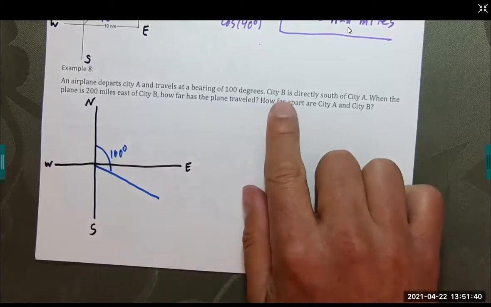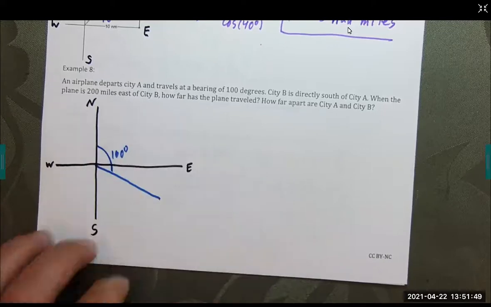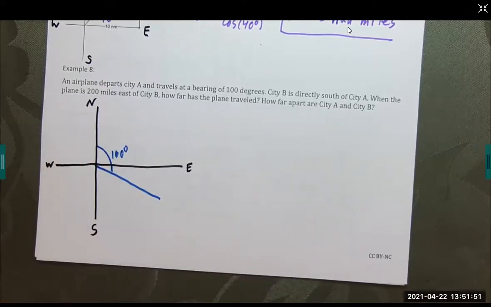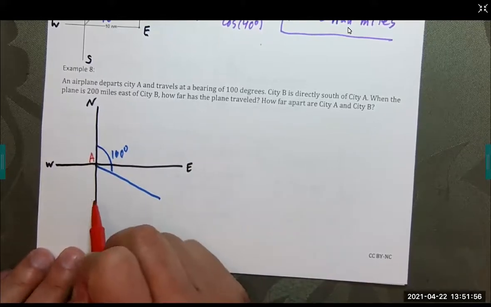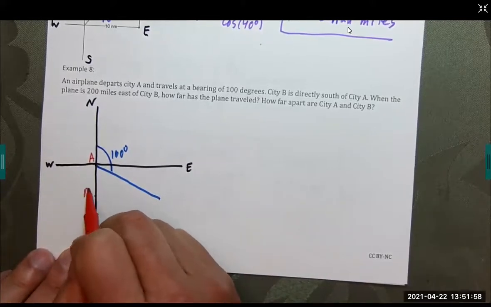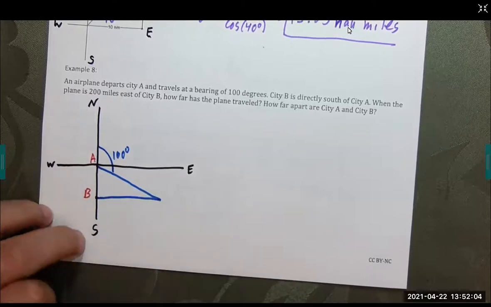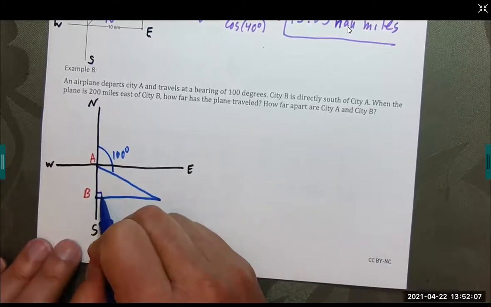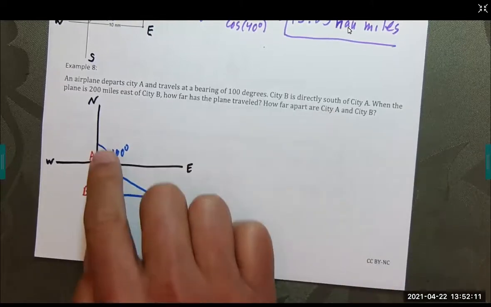City B is directly south of city A. When the plane is 100 miles east of city B, so here's city A, and this down here I'll call city B. So city B is directly south of city A, we have that here.